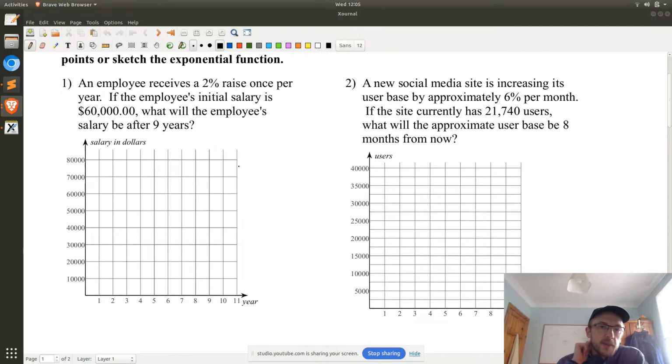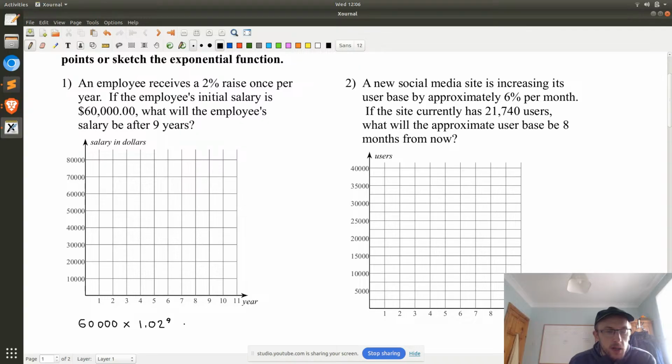An employee receives a 2% raise once per year. If the employee's initial salary is $60,000, what would the employee's salary be after 9 years? The answer is 60,000 multiplied by 1.02 to the power of 9 to the nearest hundredth.